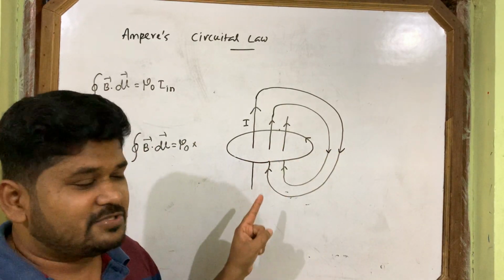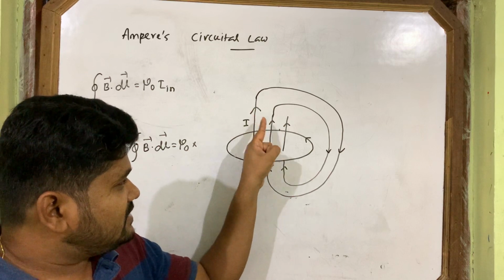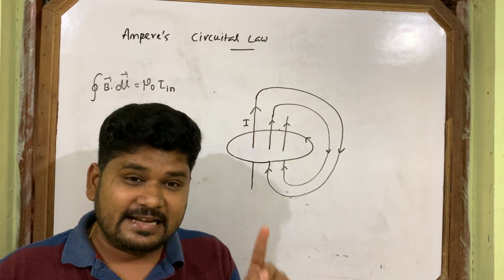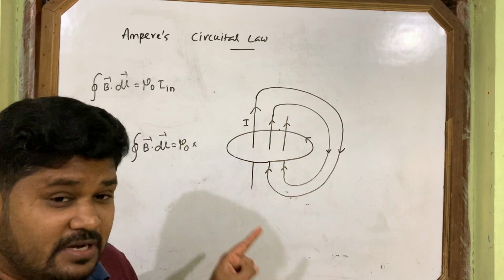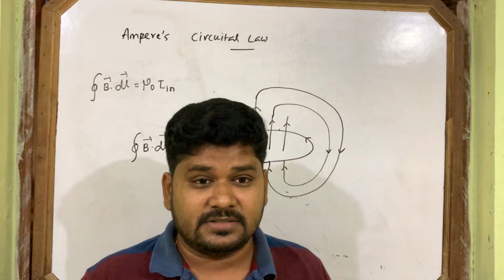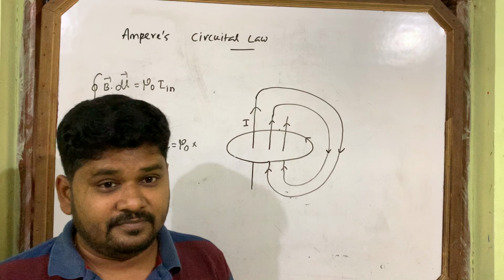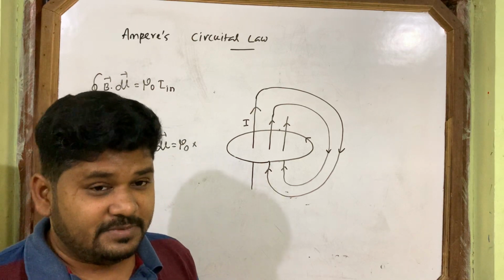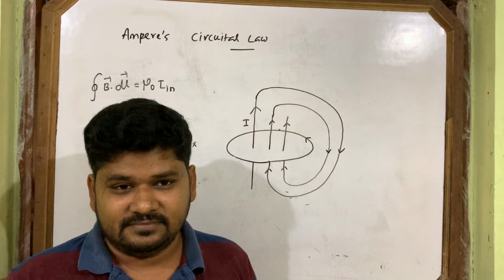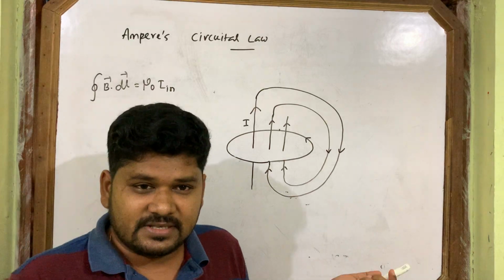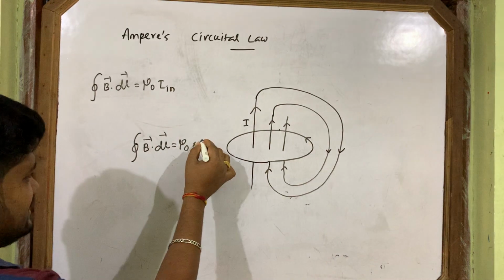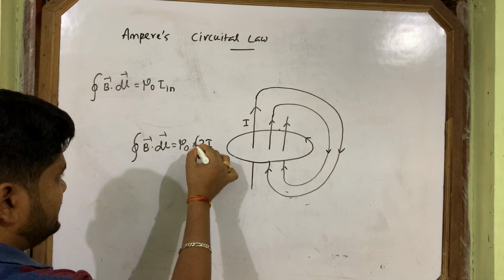How many times does your current pass? 1, 2, 3. It may be the same current, but you see how many times it passes. Try to understand that. Three times means you have to take 3I, and all are in the same direction. Simple addition. So it is 3I.